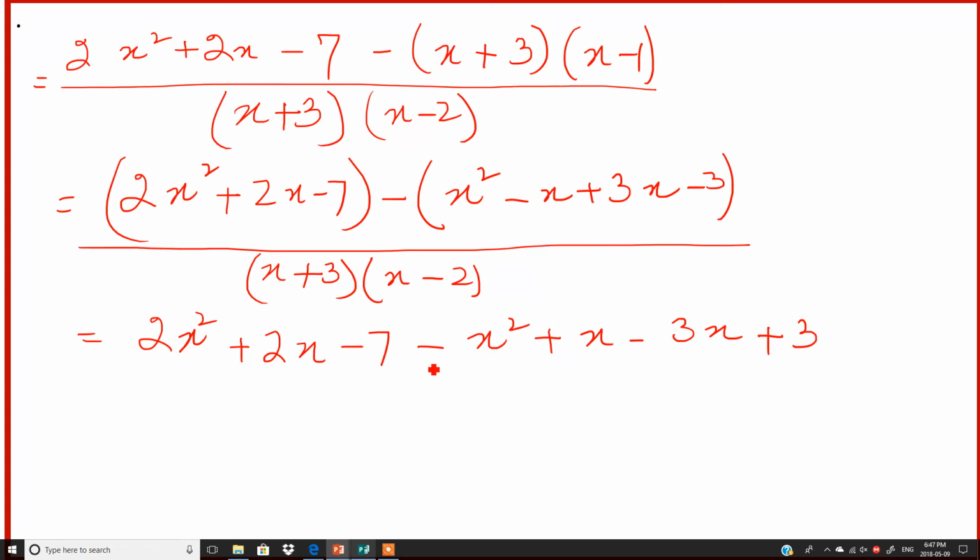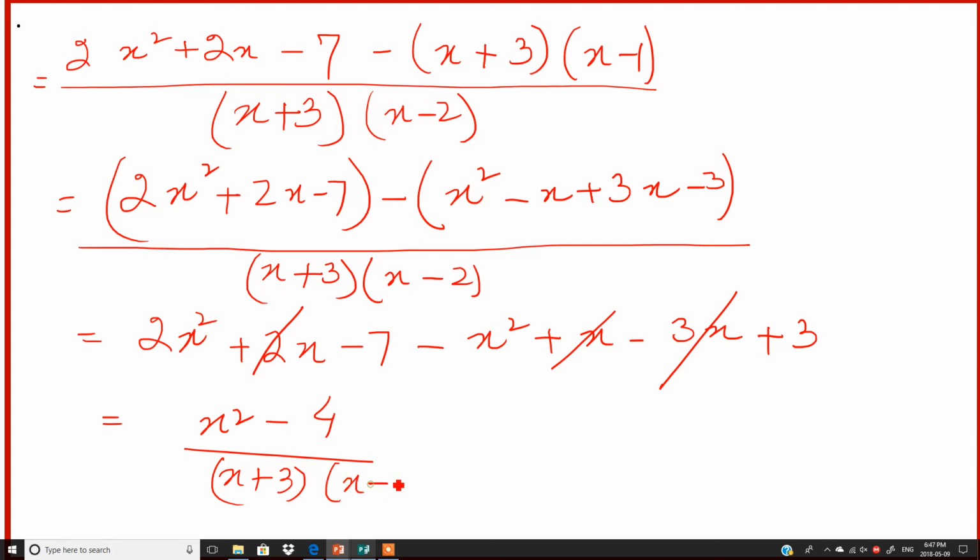Now this is negative x square, this is positive, so we have x square here, this is minus 3x, and this is positive 3x. And this is minus 7 and plus 3, so it will be minus 4 divided by x plus 3 into x minus 3.